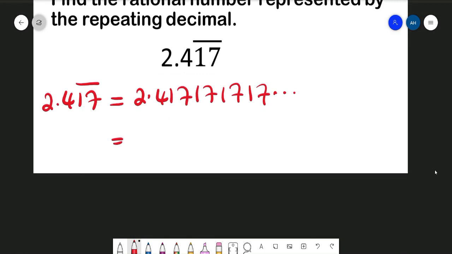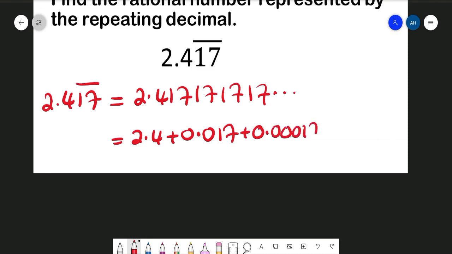That is equal to 2.4 plus 0.017 plus 0.00017 plus 0.0000017 plus, and so on.